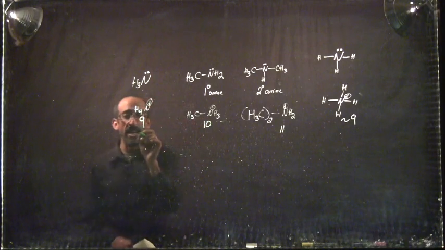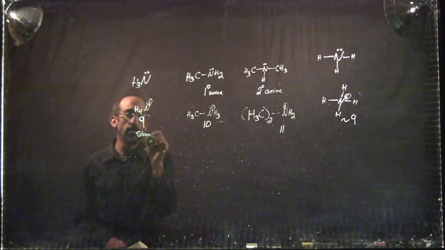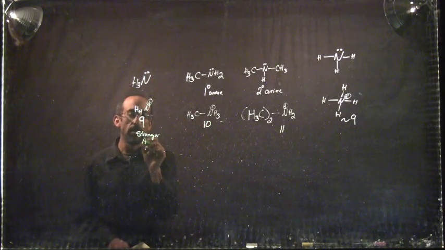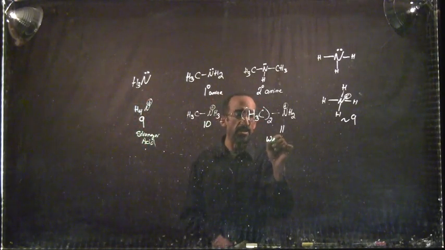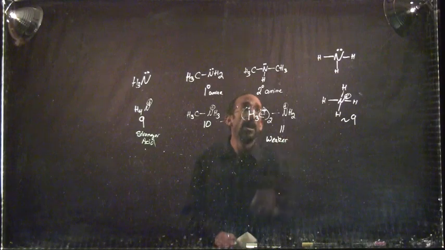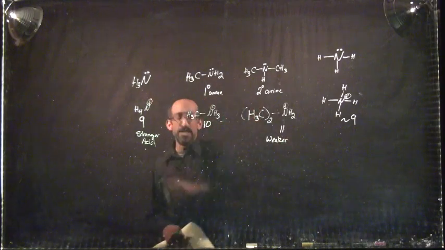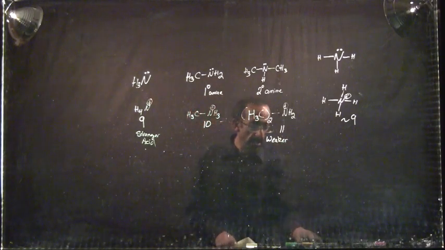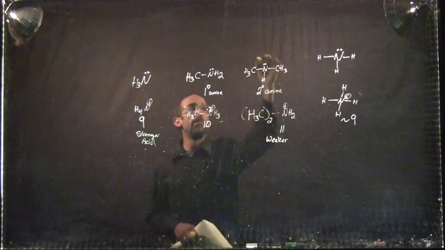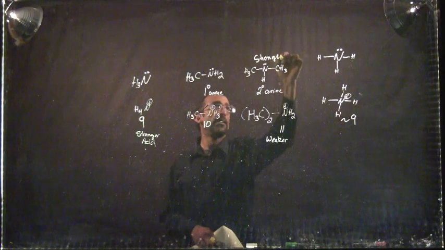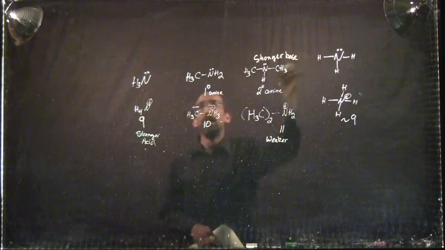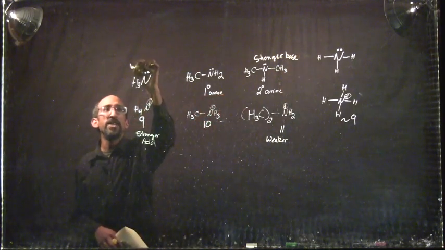That means this is a stronger acid. Our dimethylammonium would be the weaker acid. And so now, looking back at our amine bases where we started, that means that dimethylamine is going to be the stronger base, and ammonia is going to be a weaker base.